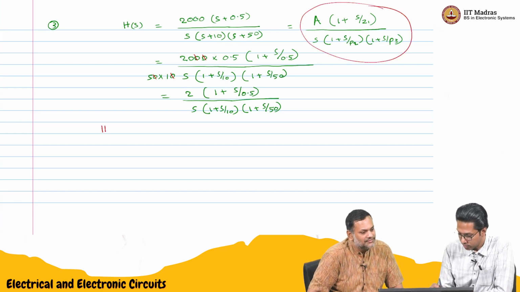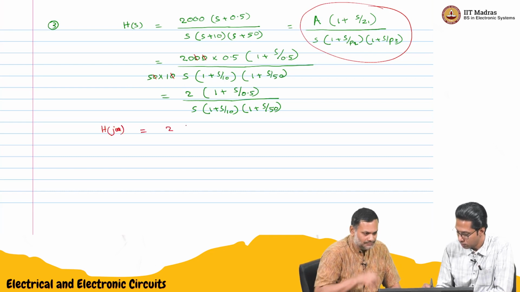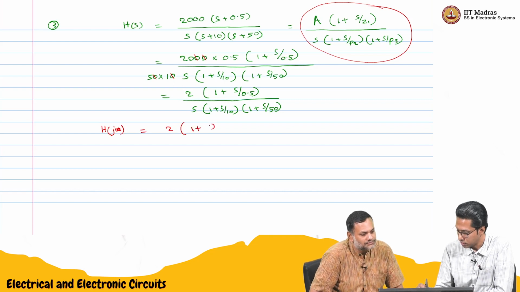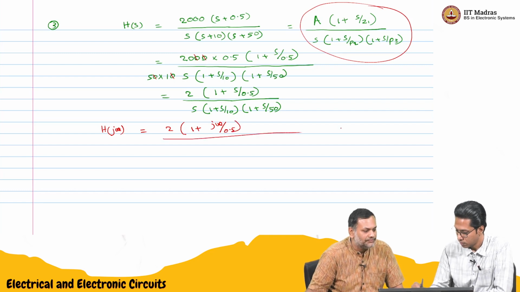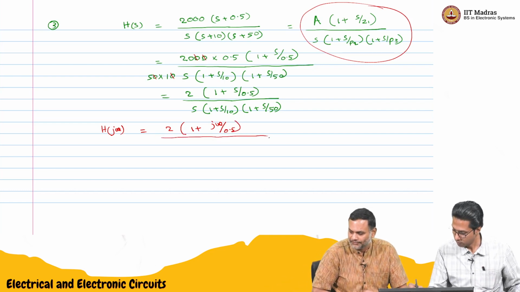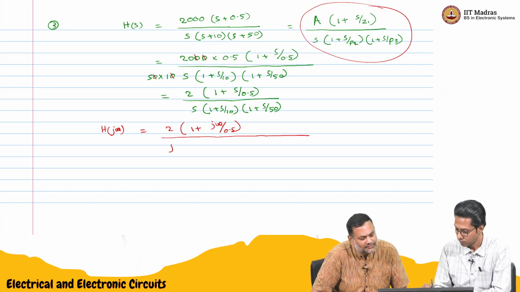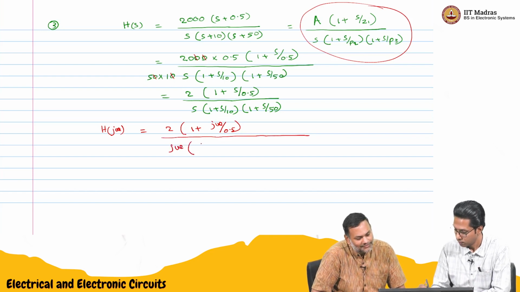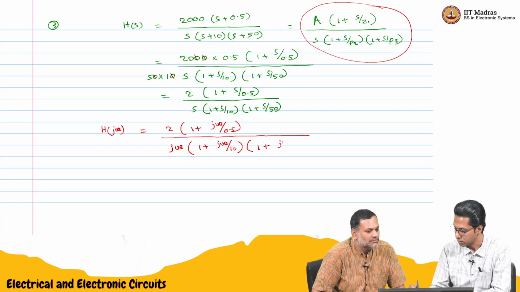So H of j omega is two into 1 plus j omega by 0.5, over 1 plus j omega by 10 into 1 plus j omega by 50.